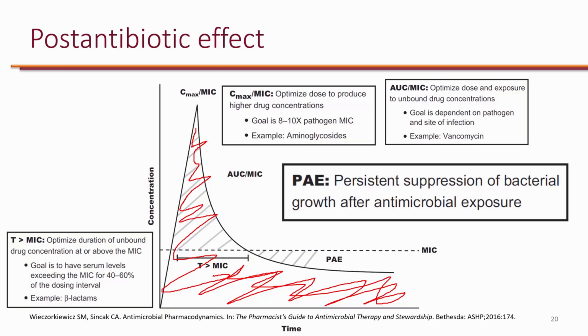Post-antibiotic effect means that when the concentration goes above the MIC, the antibiotic starts to kill. And then once the concentration goes below the MIC, the antibiotic continues to kill for some period of time. So as you can see from here to here, the aminoglycoside continues to kill. And that's referred to as post-antibiotic effect.